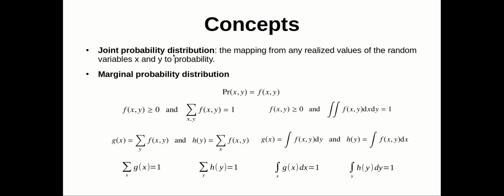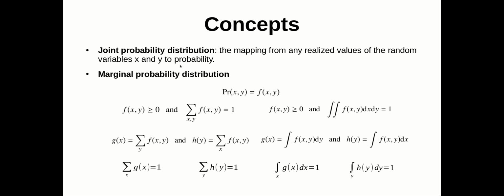So here we are talking about not just one random variable. We're talking about two random variables now, both x and y. And this joint probability distribution is just the mapping from any realized values of the two random variables, x and y, to probability.